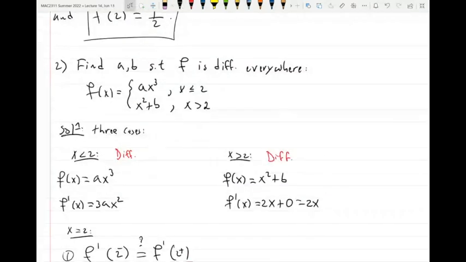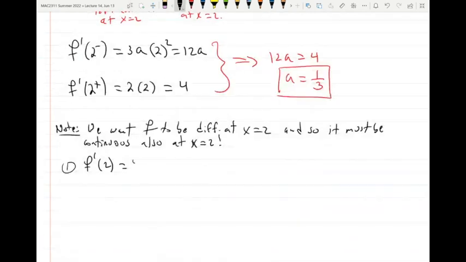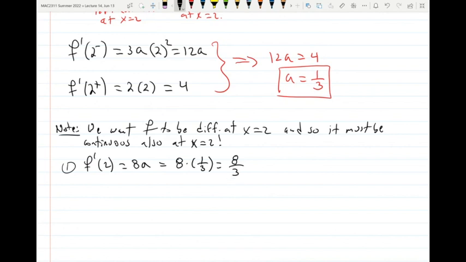What's the value of the function at 2? 8a. Very good. You have to use the first piece, right? So it's 8a. Now, we already know what a is equal to, so we can go ahead and throw it in, right? So what was a equal to? 1/3. So that's 8 times 1/3, which is 8 over 3. Yes? Okay, we got that.